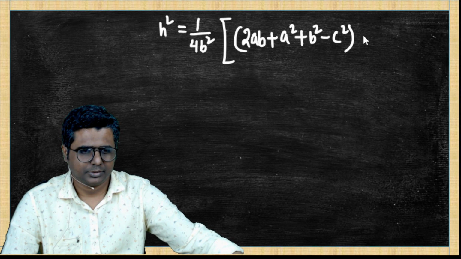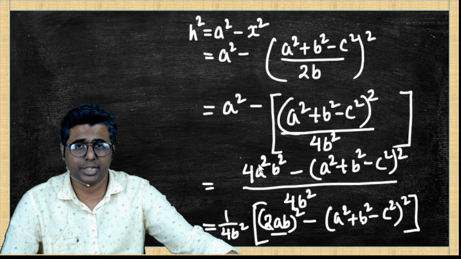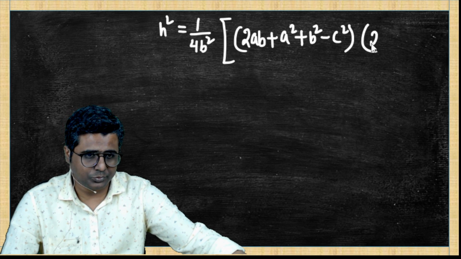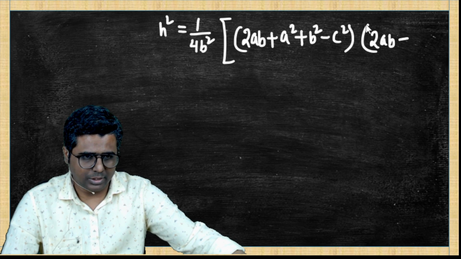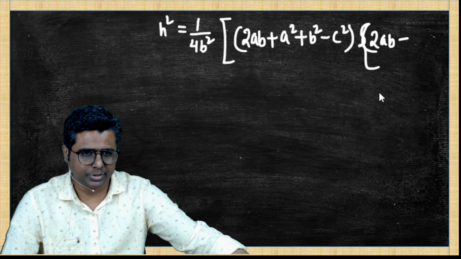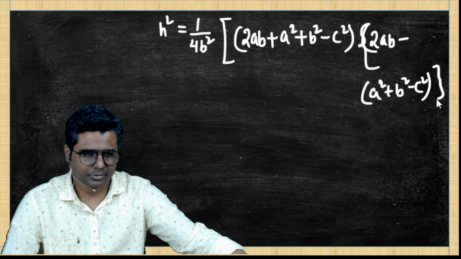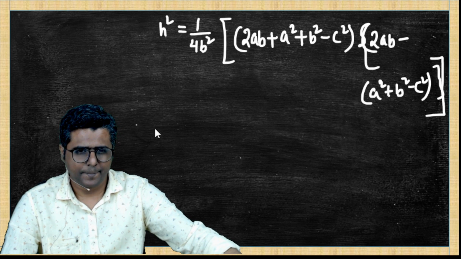Next I am going to have another expression. Now this expression is a minus b, so how will I write it? I will write 2ab minus, I will use a second bracket over here because I am going to use another first bracket, (a square plus b square minus c square). I will put this third bracket at the end.